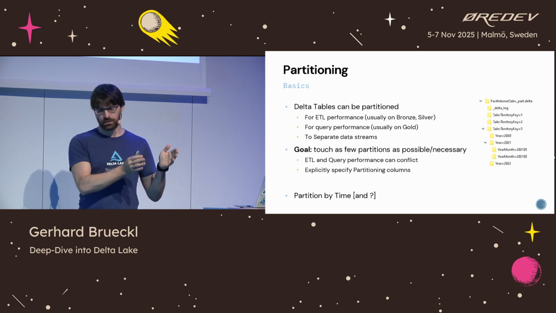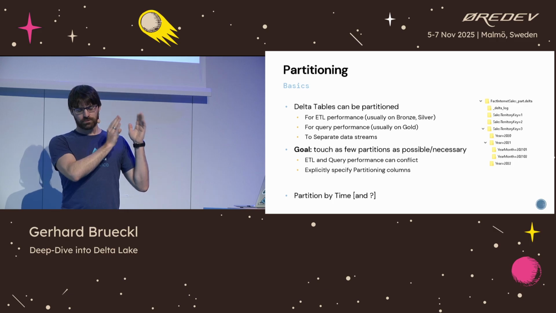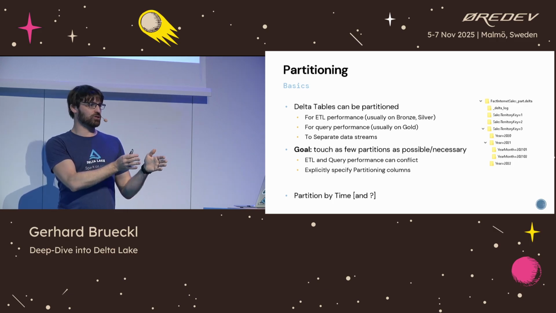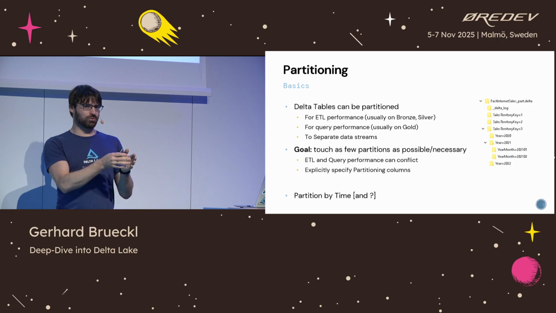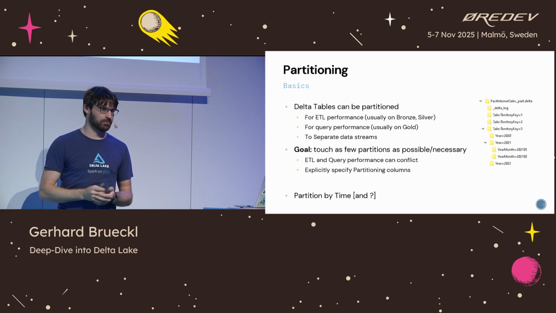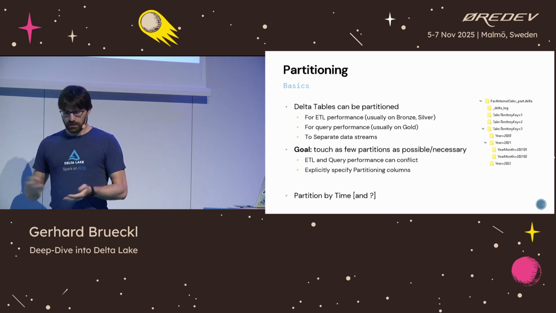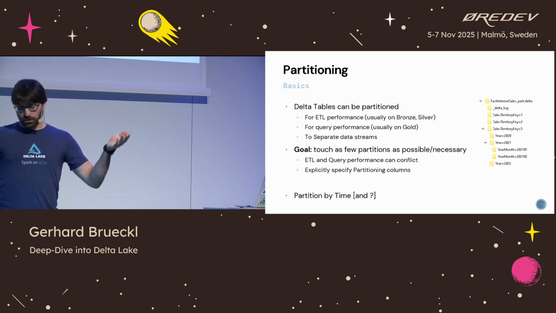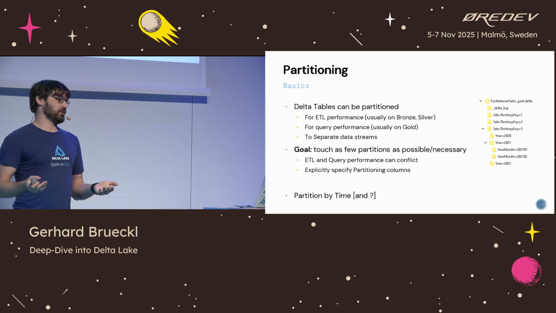Okay, so if you make sure that your transaction only touches a particular partition, it also ensures that other processes touching different partitions don't conflict. Okay. And yes, the idea is to touch as few partitions as necessary.